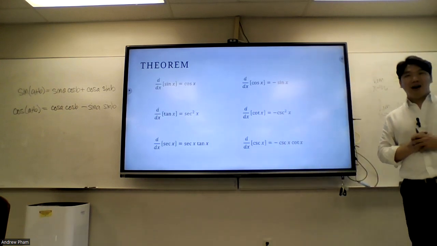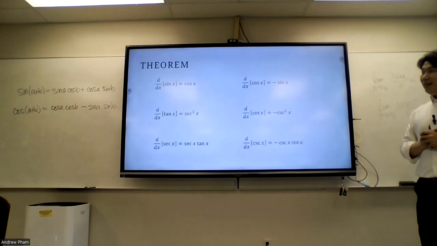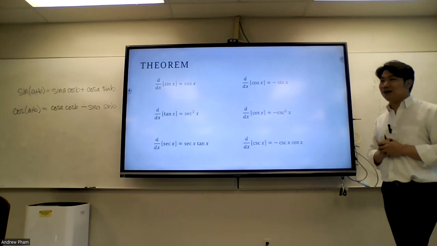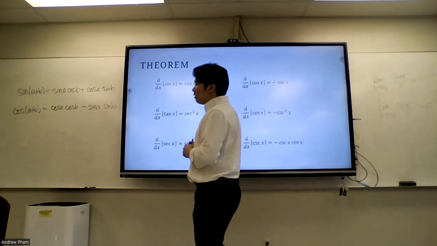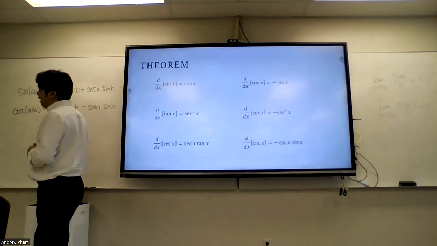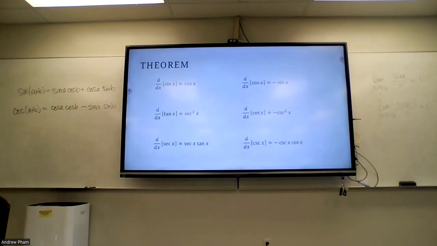One thing I want y'all to do while y'all are copying: why did I present the 6 derivatives in this particular order? See if you can see a pattern between how I arranged it on the board. Probably first write it and then try to see if you can find a pattern.